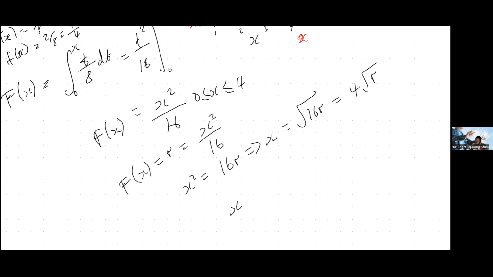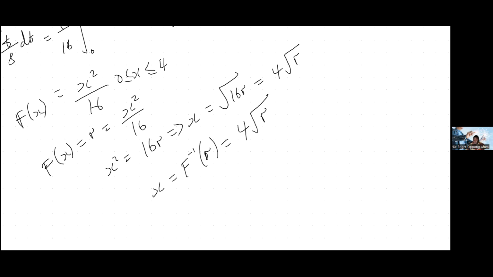So it means that x, which is actually the inverse of this function, is 4 square root of r. So it means that we can then determine the function.